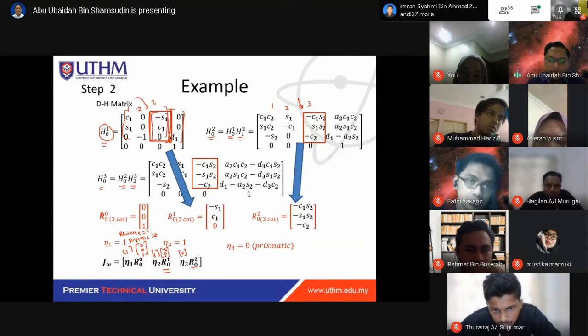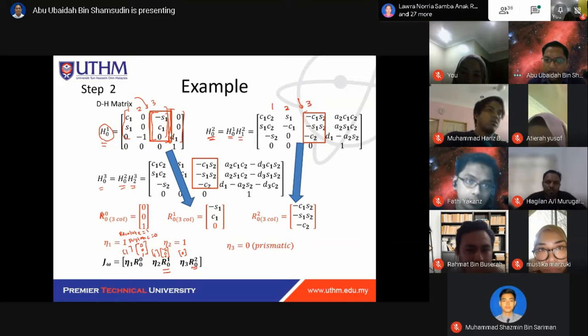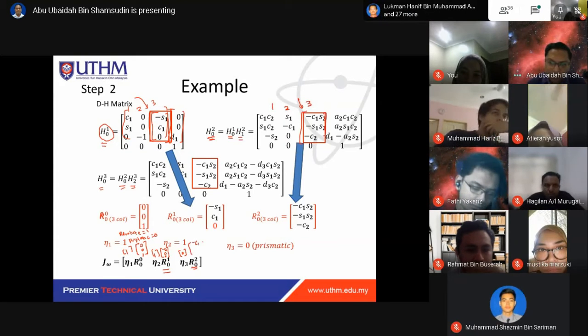And my R02 I can find from H02. So I go to the third column, 1, 2, 3, and I get this value here. So I will put it here: negative cos 1 S2, negative sine 1 S2, negative C2.